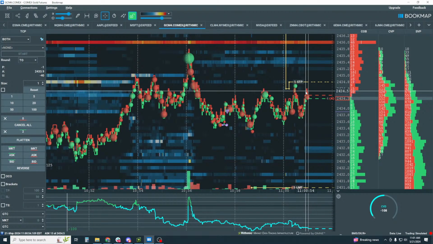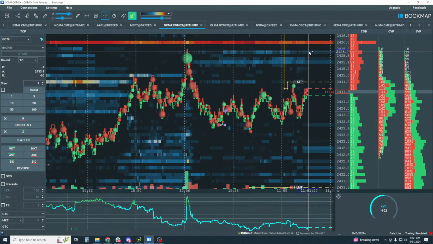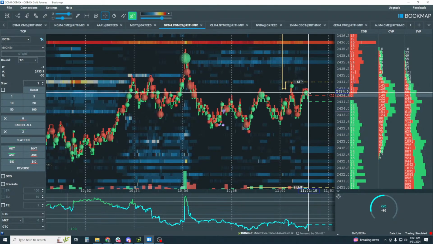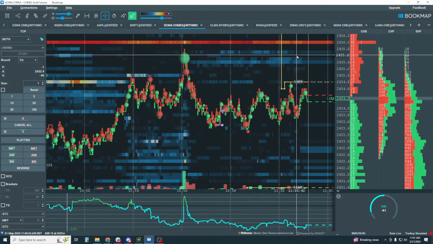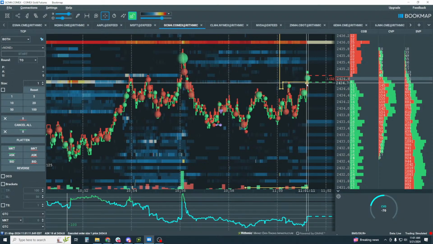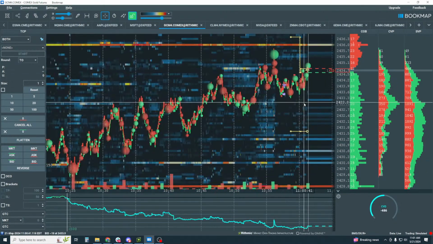All right, let's see if we exhaust out on that buy side. No, we're not. So buyers are still fighting it in here. There we go. Okay, so we're stopped out. All right, but that was the trade idea, and I think it's still good.